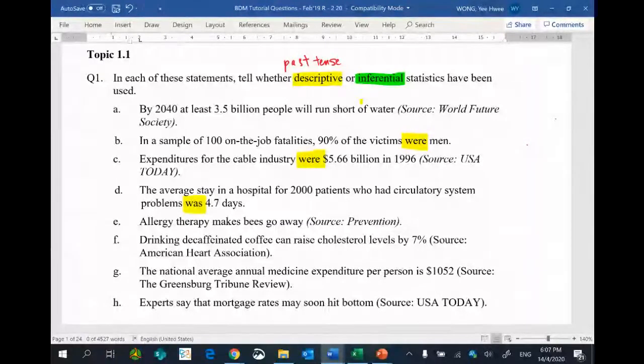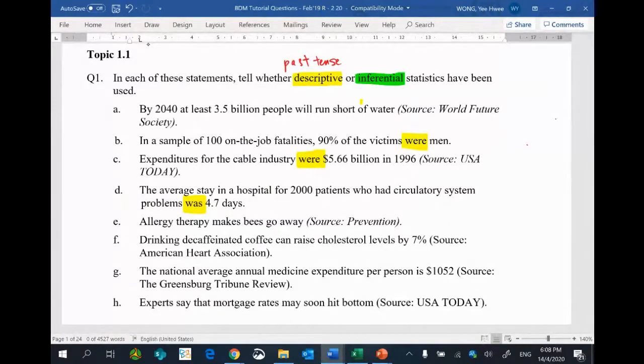So you estimate that for the whole of Singapore, the average bubble tea price is $3.50. So you're actually predicting something, telling something ahead of time. That is called inferential statistics.